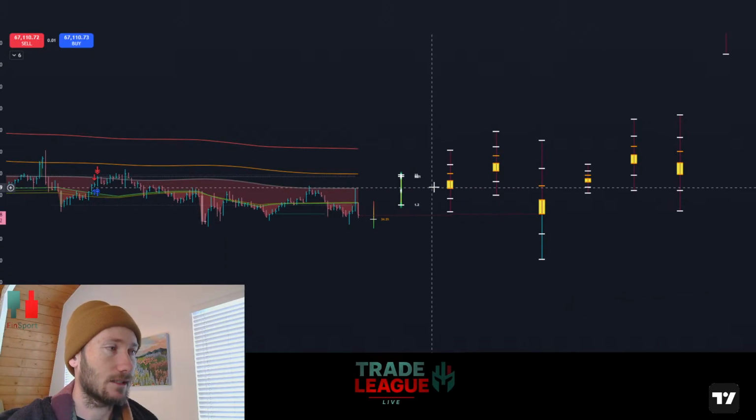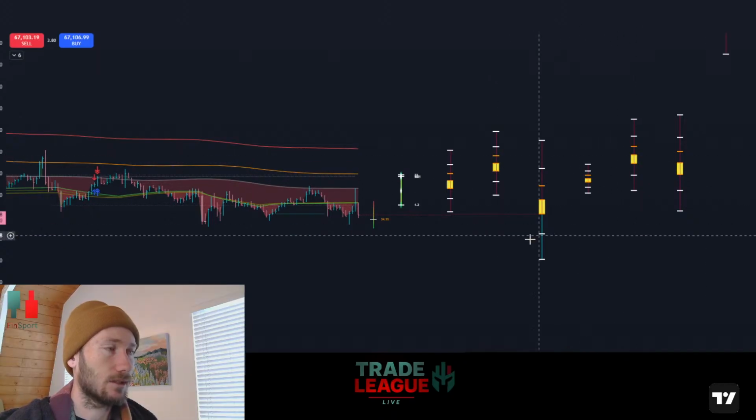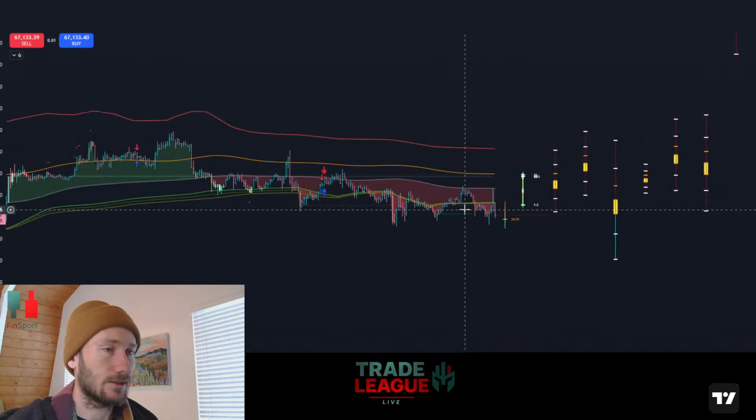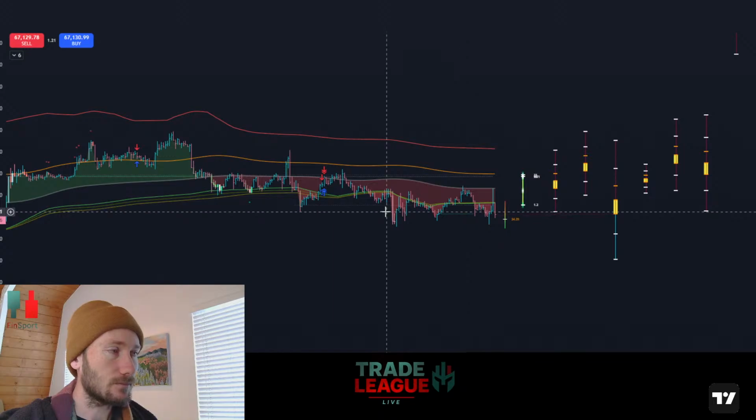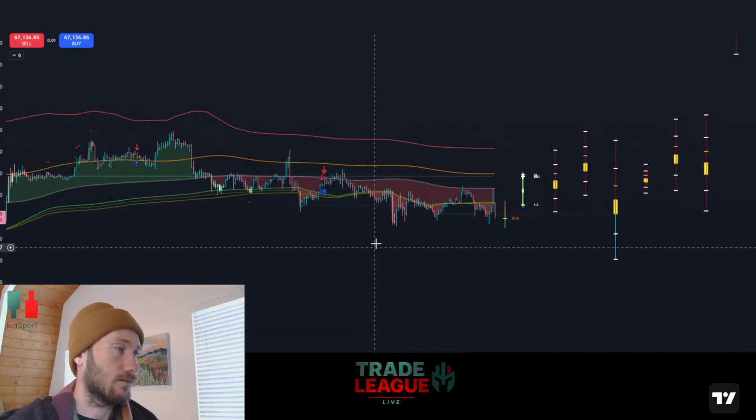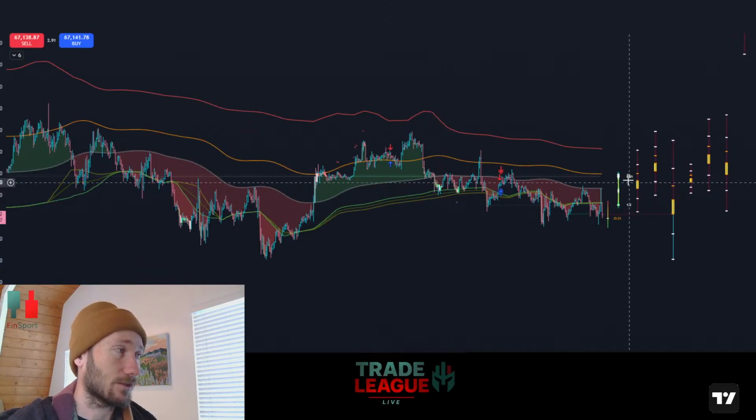It makes sense as to why you get these consolidations between those two extremes. The price in between two extremes, you could argue that's the mean, especially if it's been established multiple times.